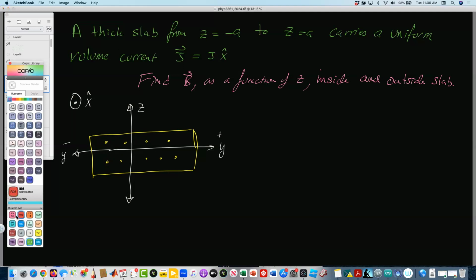And we're going to put that in pink. So let's do an Amperian loop that starts kind of here, goes up a distance z, and then comes back down. Okay, so this is our Amperian loop.